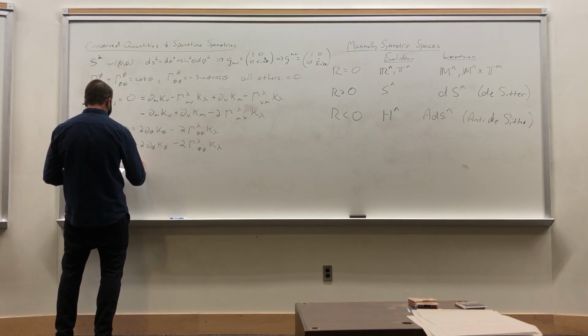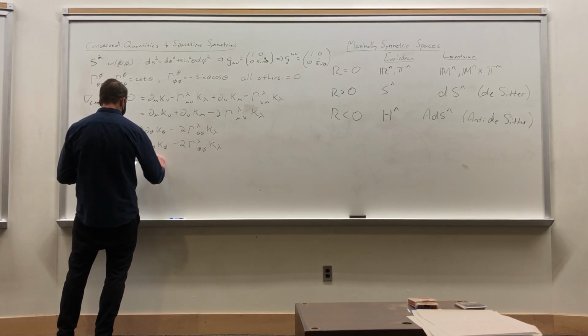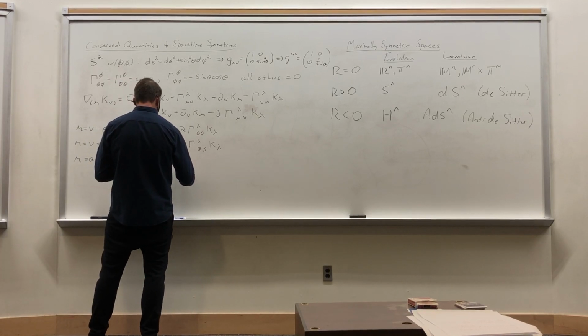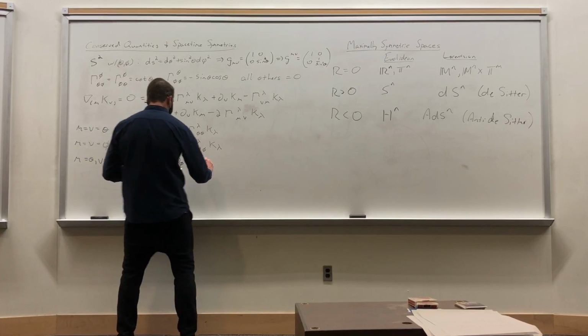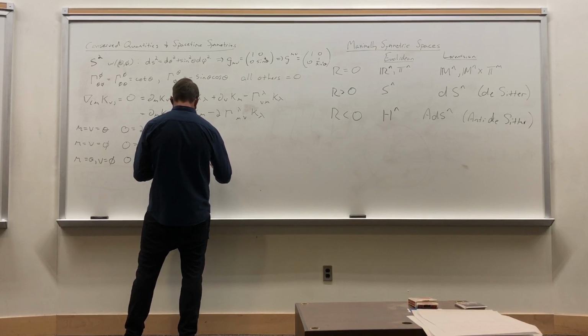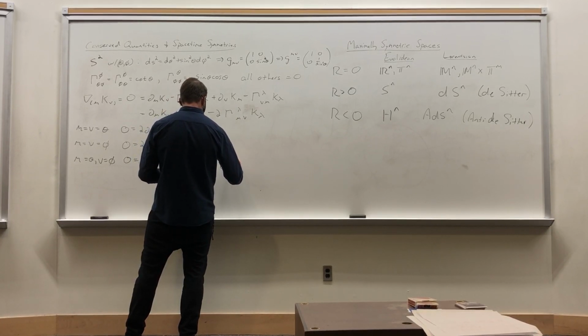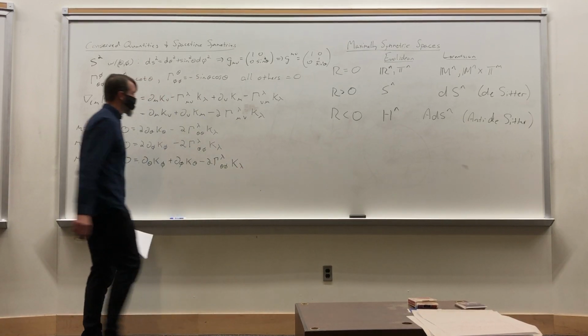And this is going to give me 0 is d theta k phi plus d phi k theta minus 2 gamma lambda theta phi k lambda.